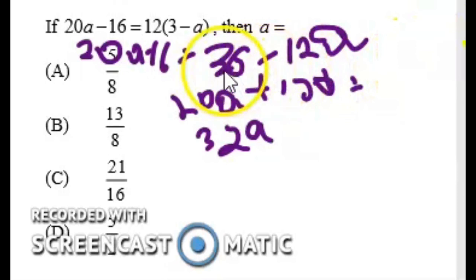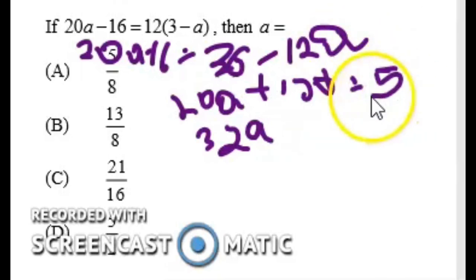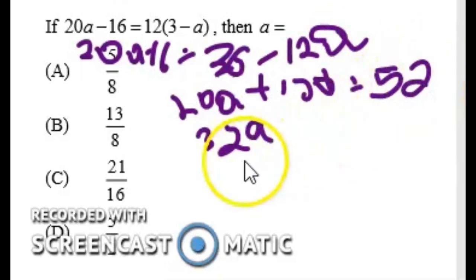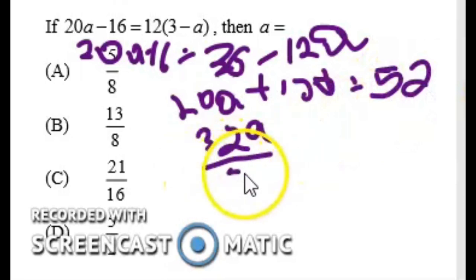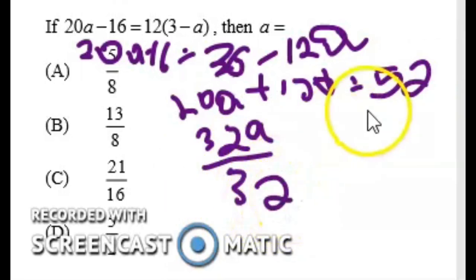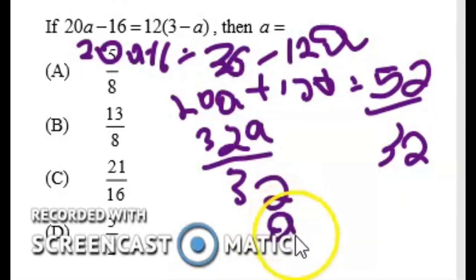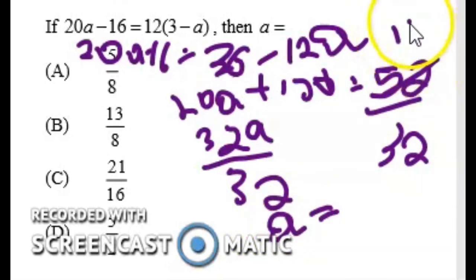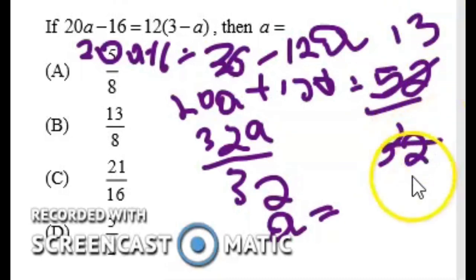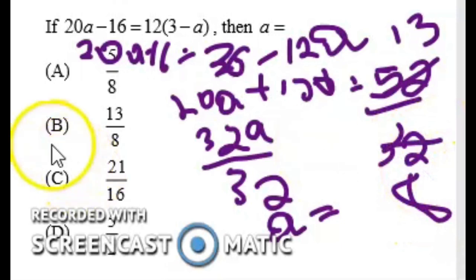So here we have 36 plus 16, and that would give us 52. So we're going to divide by 32 on both sides. So a would be 13, and 4 into 32, 8. So our answer is 13 over 8.